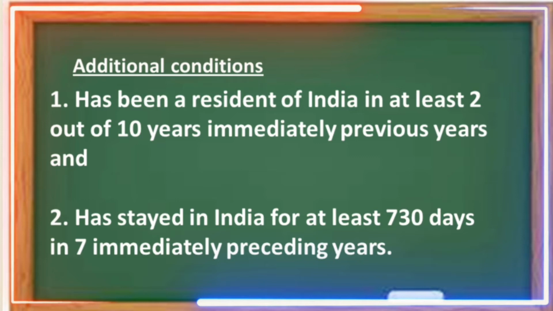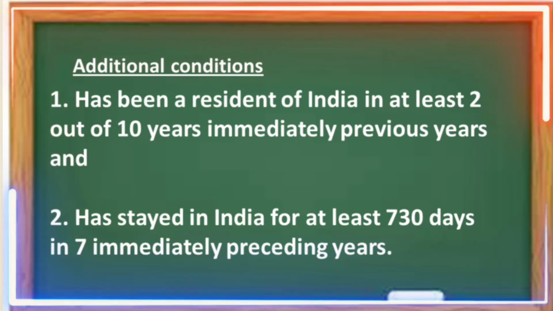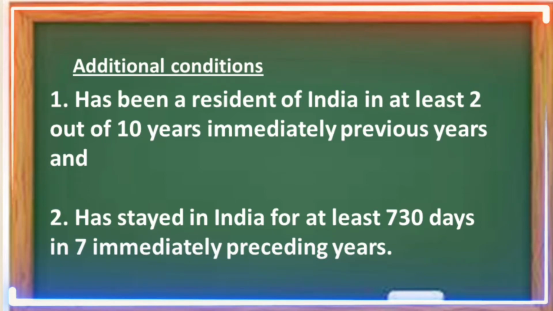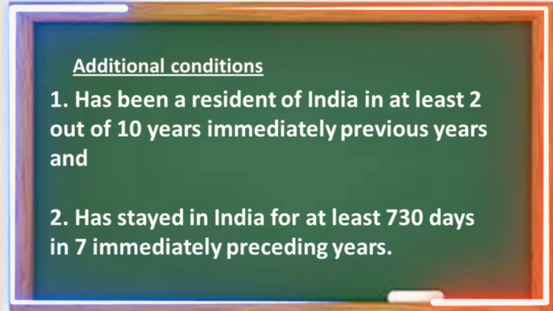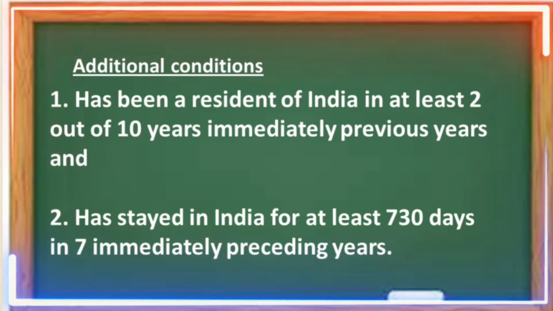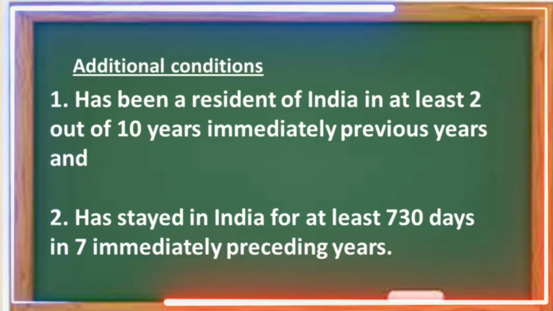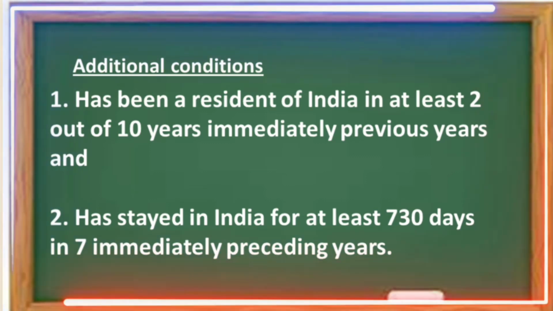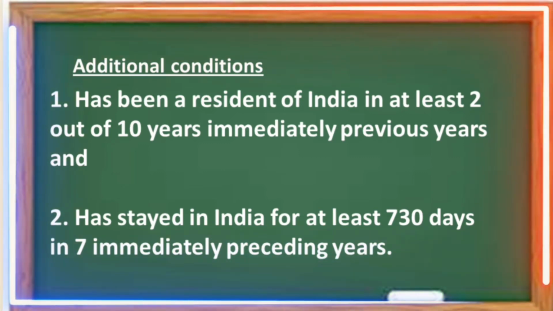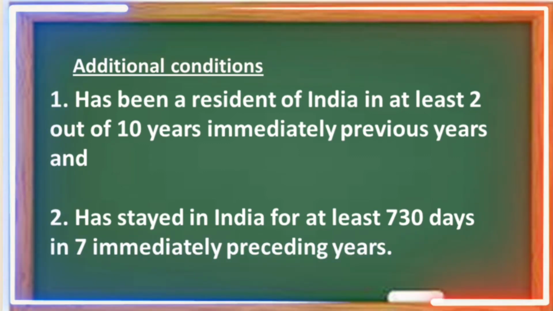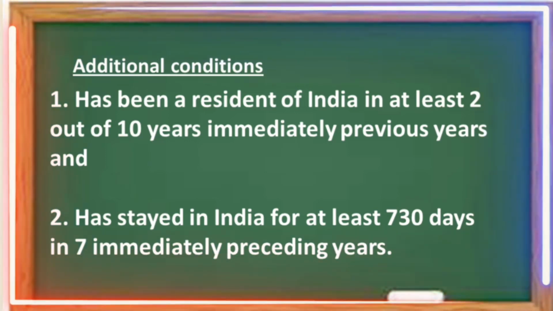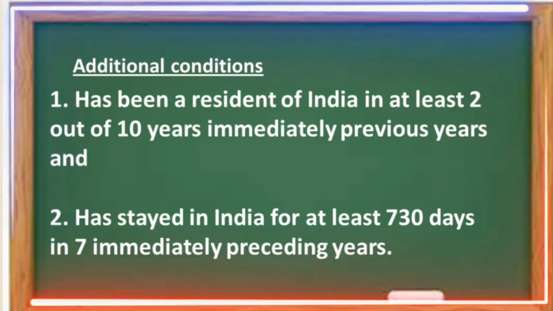Okay, now let us discuss what are additional conditions. Additional condition number 1: the assessee has been resident in India for at least 2 out of 10 years preceding the previous year.